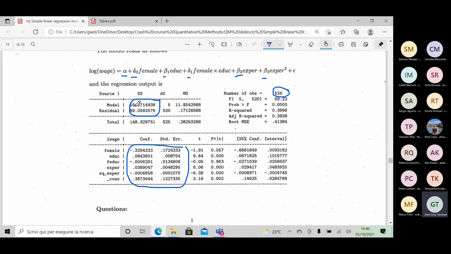So 59.27, etc., divided by 148.32, etc. If you do this ratio between the first number here and this number, you get the R square.